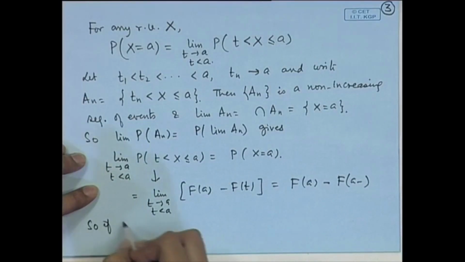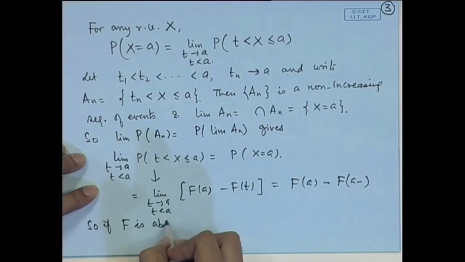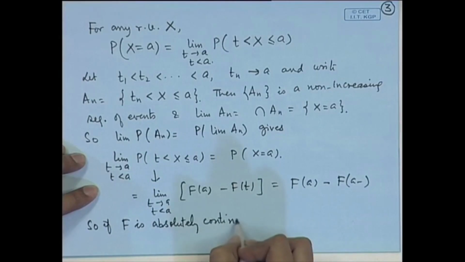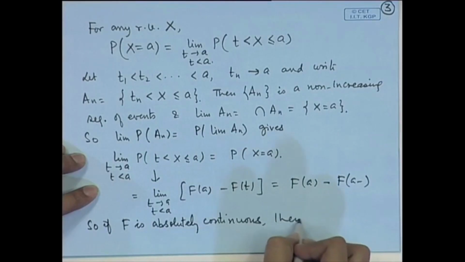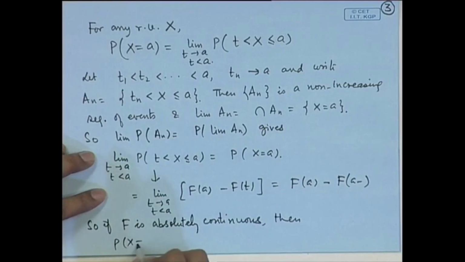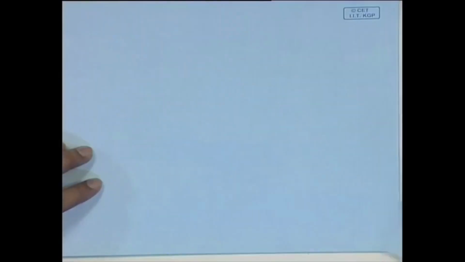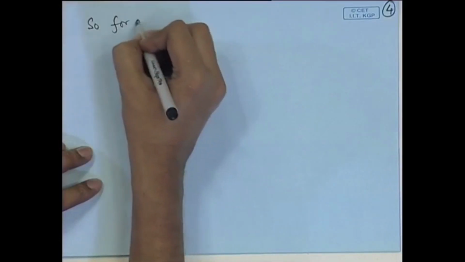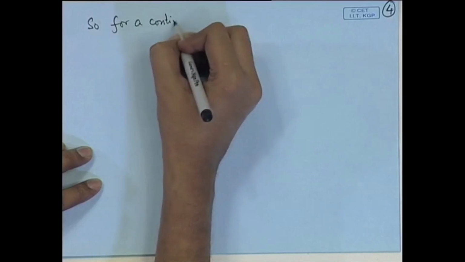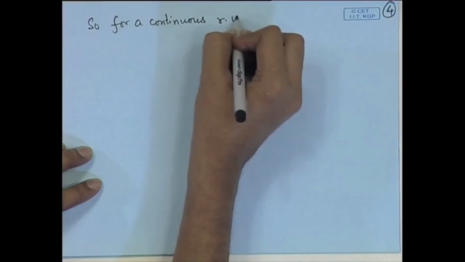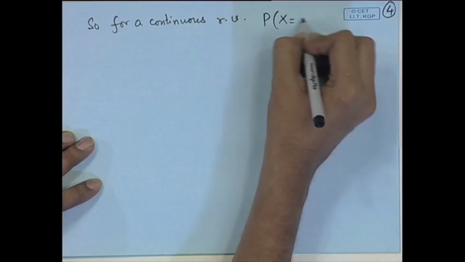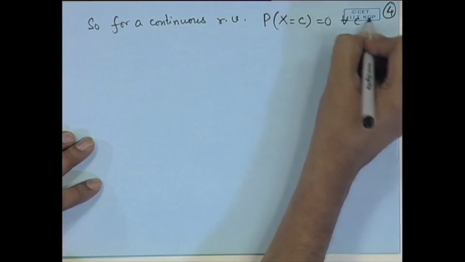So, if F is an absolutely continuous function, then the probability X equal to a will be equal to F(a) minus F(a minus), which is equal to 0. So, for a continuous random variable, the probability that X is equal to some value c is 0 for all c.